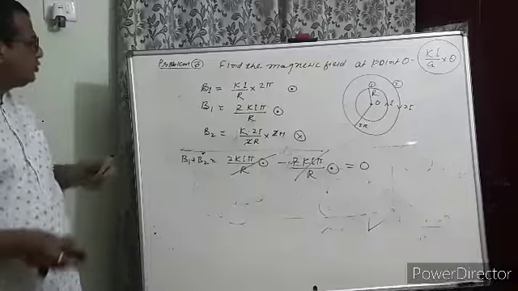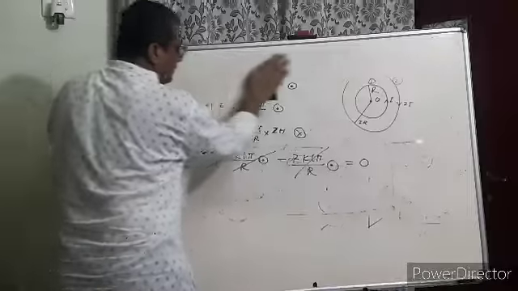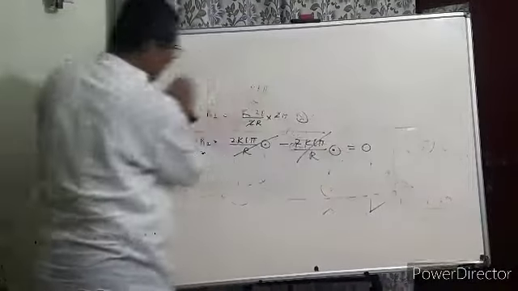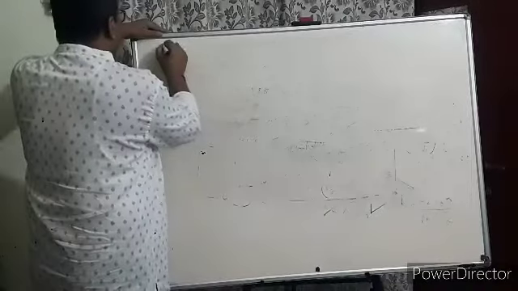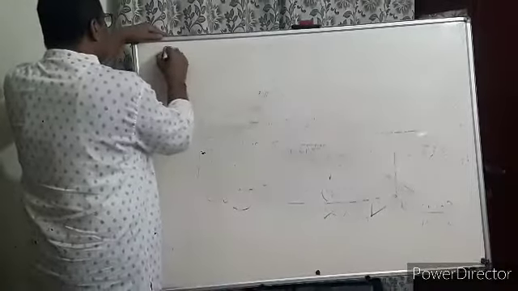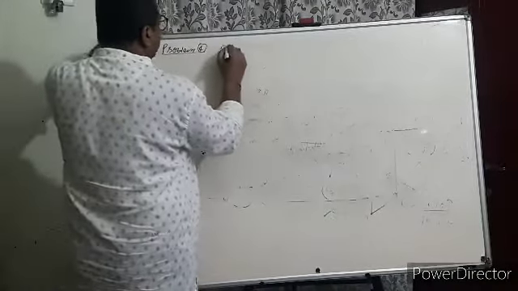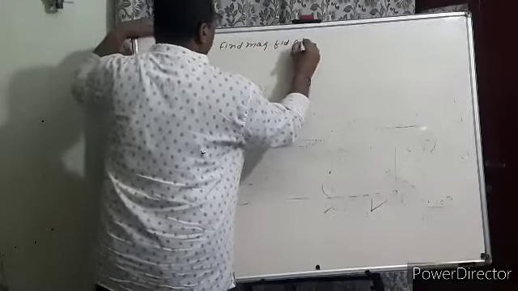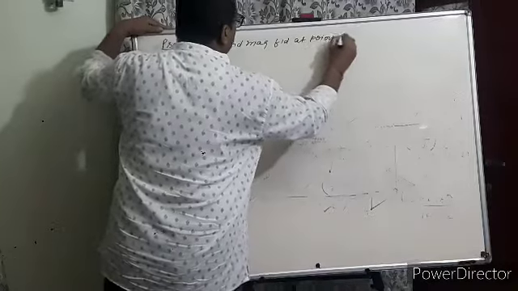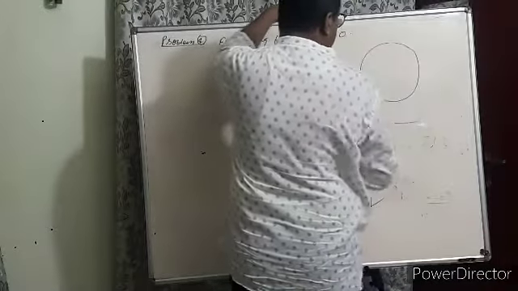Now the next question, problem 4. Find the magnetic field at point O. This is the circular wire.